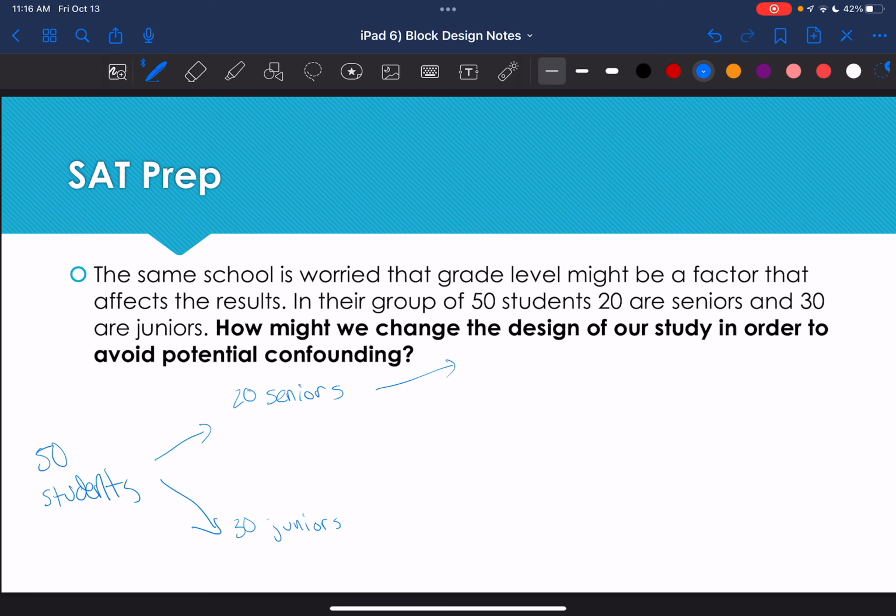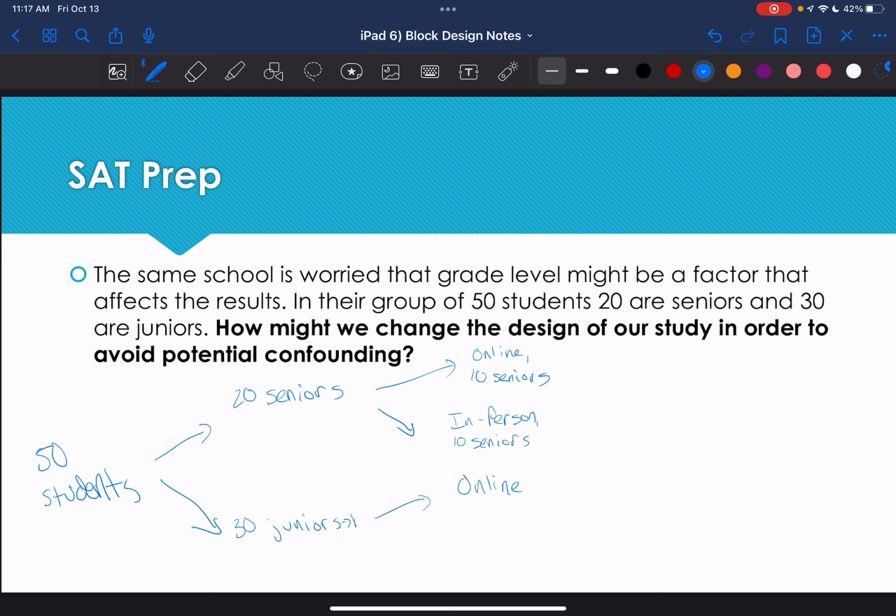So now I'm going to have online 10 seniors, in person 10 seniors. Then for the juniors, same kind of idea.